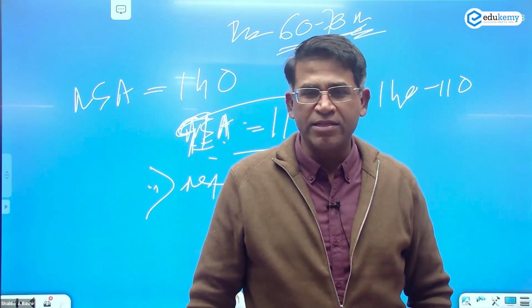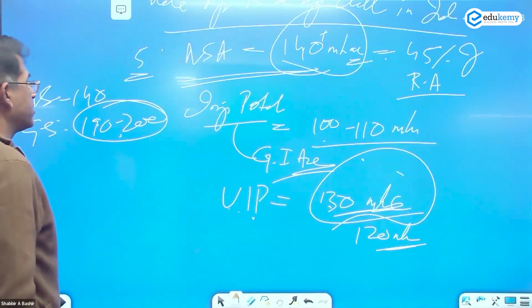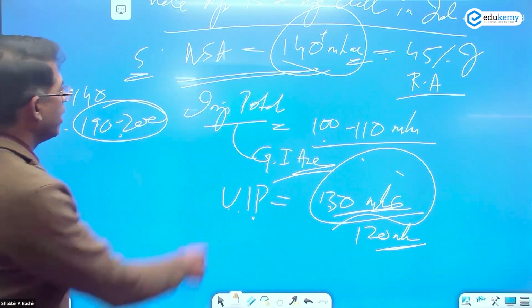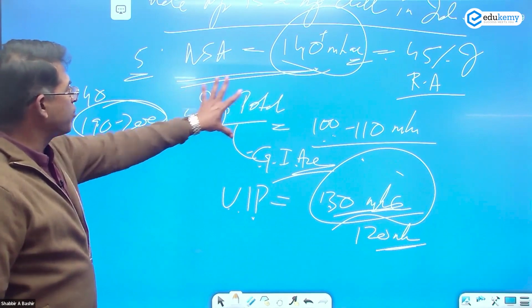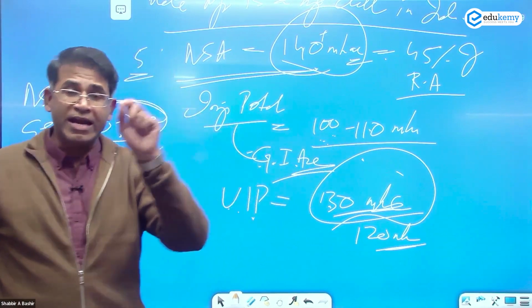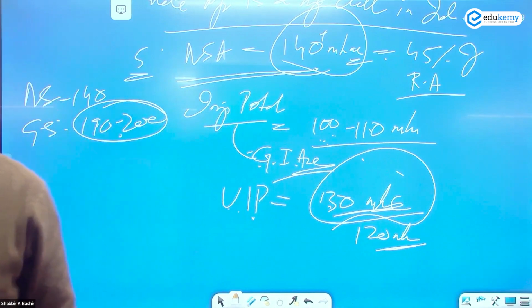India's net irrigated area. एक मिनट, मैं क्या फिगर लिखा है यहाँ पर? I made a mistake or what? I've mentioned gross irrigation. Yeah, irrigation potential is gross irrigation is 110. Our net irrigation जो है, it's about 60 to 70 million hectares.